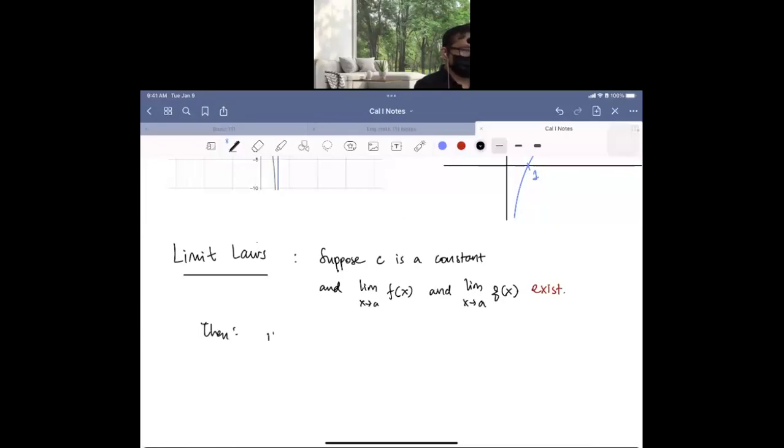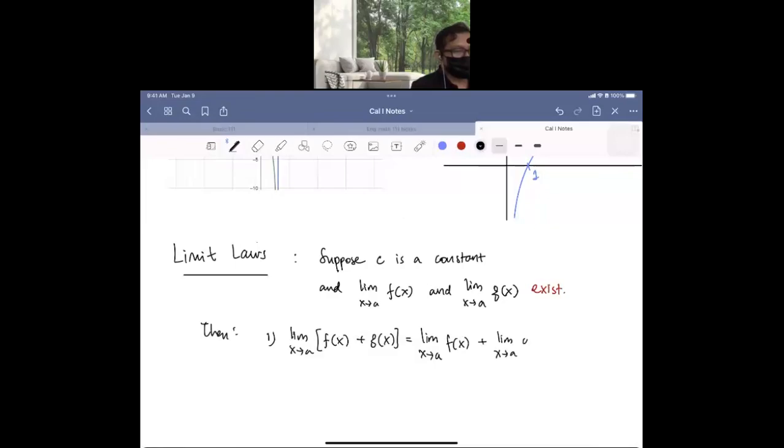Then, if we have two functions inside a limit, we can separate this. But remember, the first assumption for all of this is that both limits need to exist.